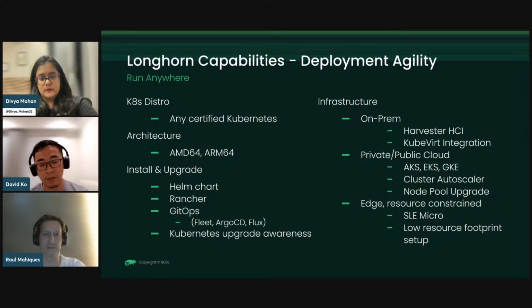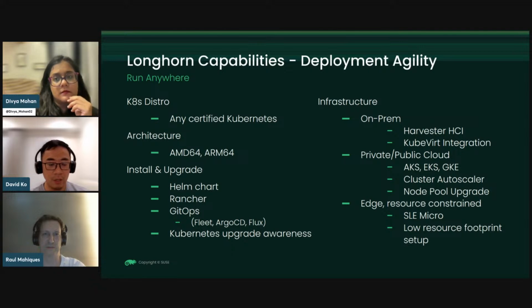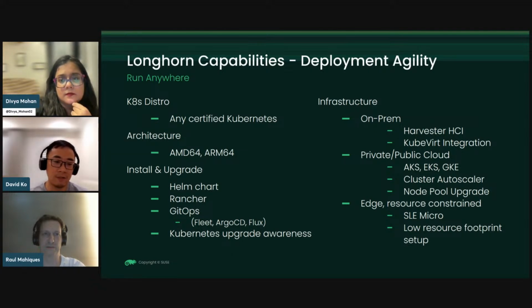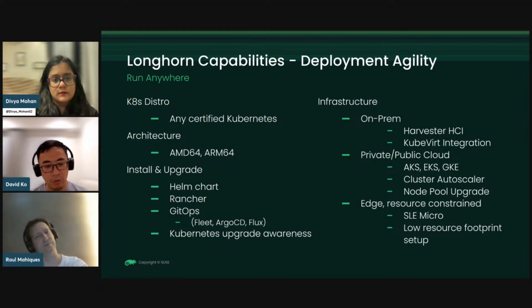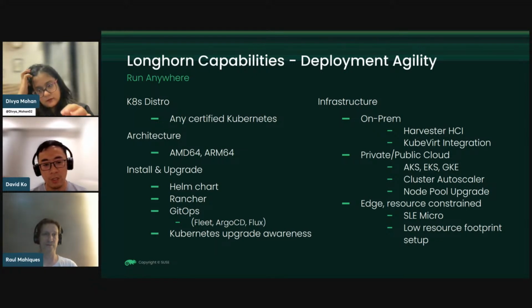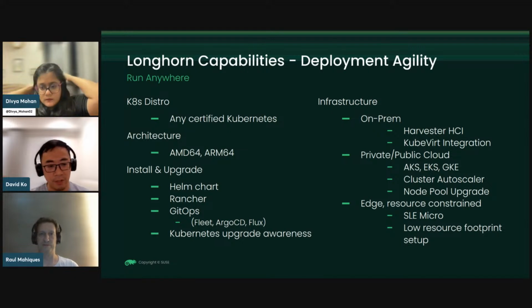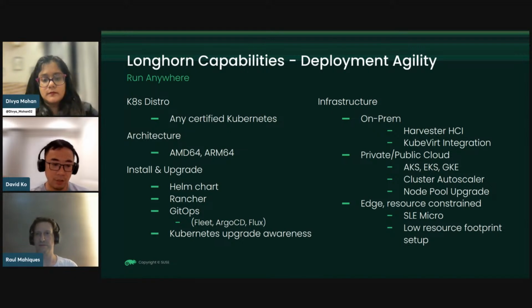For installation and upgrade, usually most projects provide a unified installation way, like Helm. For sure, Longhorn supports that, but we also have seamless integration into Rancher. In the Rancher application marketplace, you can install the latest Longhorn stable version as well.